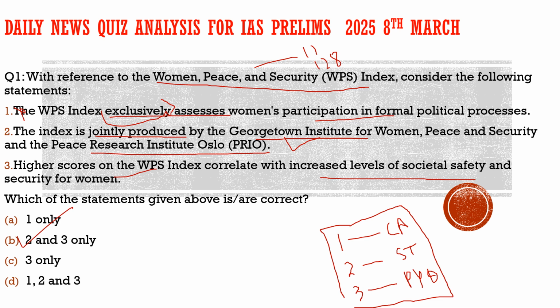In a nutshell, the author highlights why, even though we have all the rights available to women, they are still not getting benefited from those rights because of the various issues in our country. And one of the major issues is highlighted by this report, the Women, Peace and Security Index, showing how unsafe our country is for women. So with this, let's move to the next slide and see what question we have brought there.